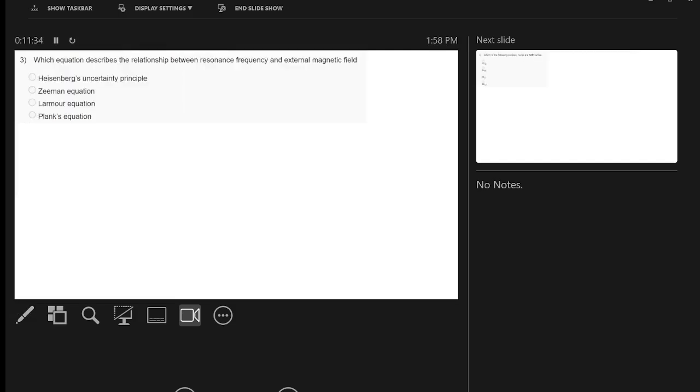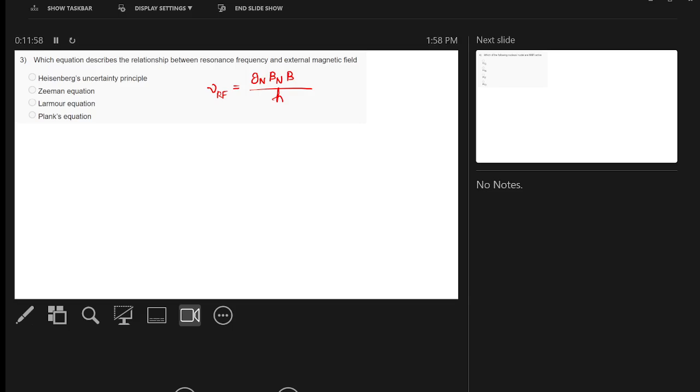So next question. Which equation describes the relation between resonance frequency and external magnetic field? So we saw this: resonance frequency is equal to gN βN B / h.